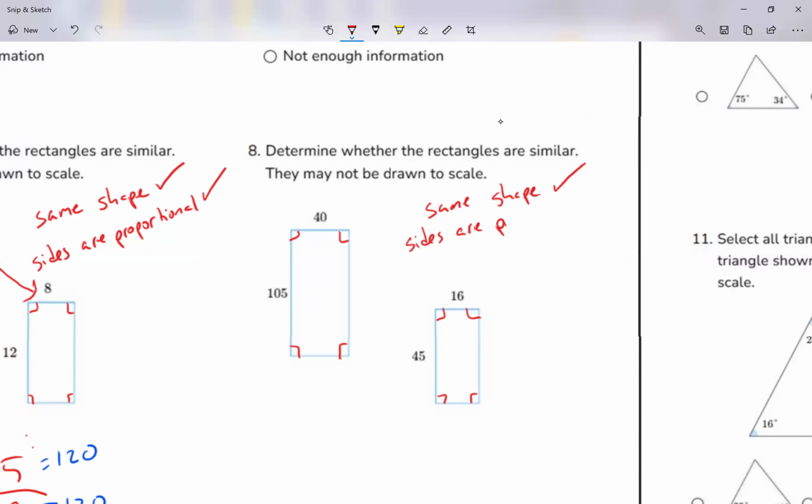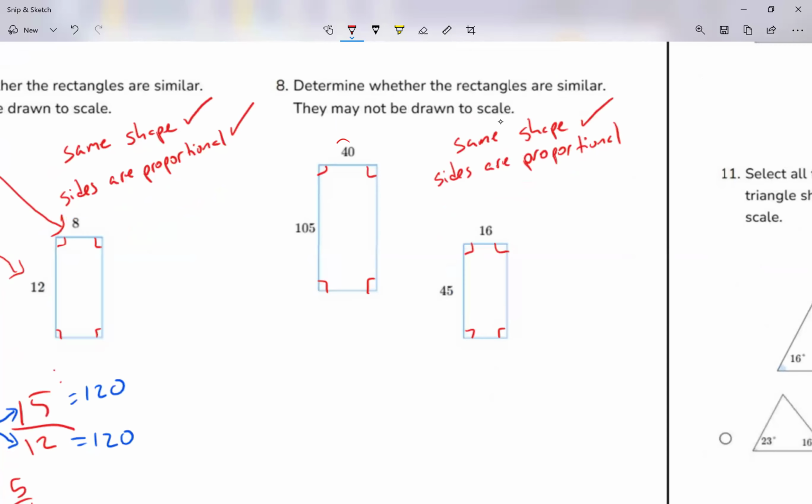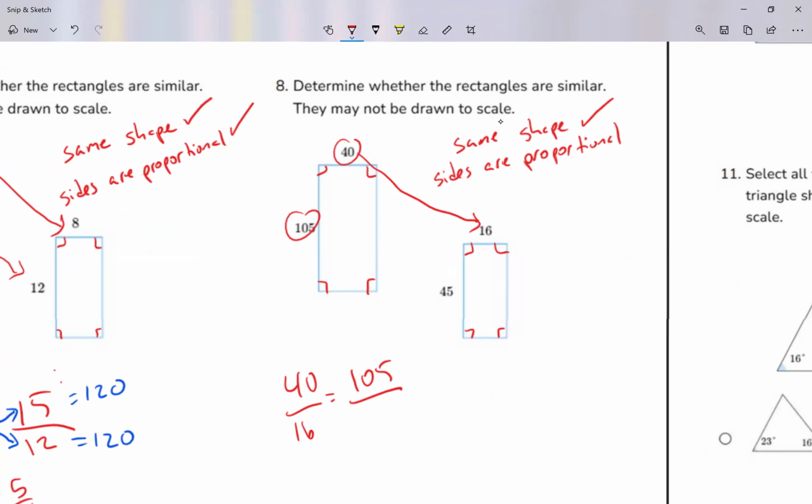I'm just going to write it down; I'm not going to check it yet. I want to see. From one triangle, I'm going to use the numbers 40 and 105. 40 goes with 16, and 105 is corresponding with 45.